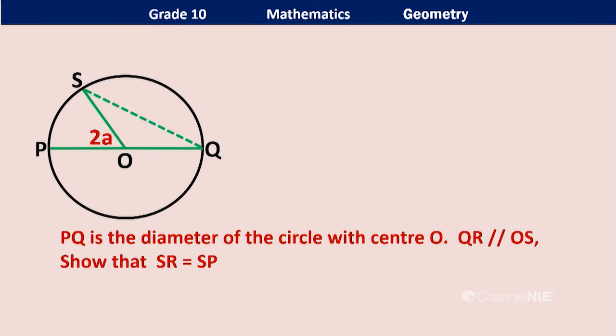And we can observe that angle POS is the angle subtended by the minor arc SP at the center of the circle. And angle PQS is the angle subtended by the same minor arc PS at the remaining part of the circle.